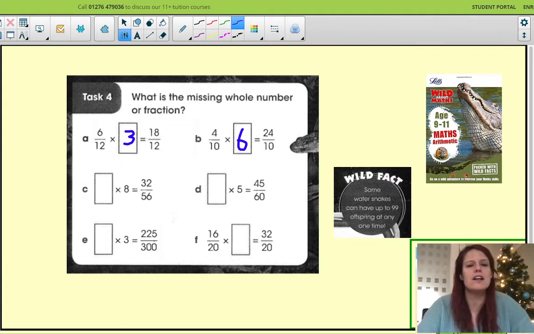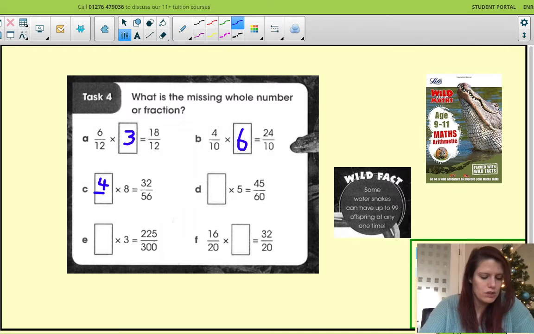C, something times 8 is 32/56. So we need to put a fraction here because we know it's going to be multiplied by the whole number.